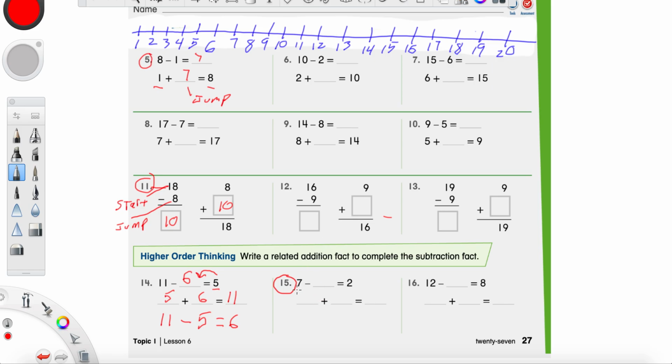So, we have our whole, which is 7, but we can put that way over here because the whole number goes at the end of addition problems. And for the 2, well, we can just put that bad boy right over here first because he's a part. So we'd have part, blank, whole. And we know how to solve that. We just count the jumps from 2 to 7 because we have our starting number.